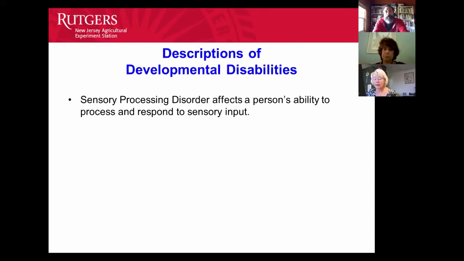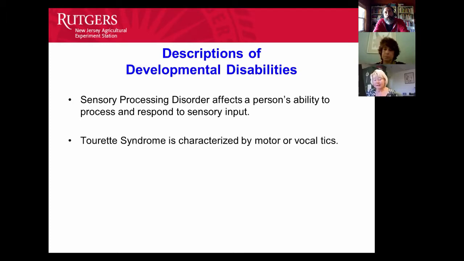At least 1 in 20 young children have a sensory processing disorder. The number is even greater in children with autism, ADHD, and learning disabilities. Tourette's syndrome, or TS, is also a neurological disorder characterized by tics. The tics are involuntary, rapid, sudden movements or vocalizations that occur repeatedly in the same way.